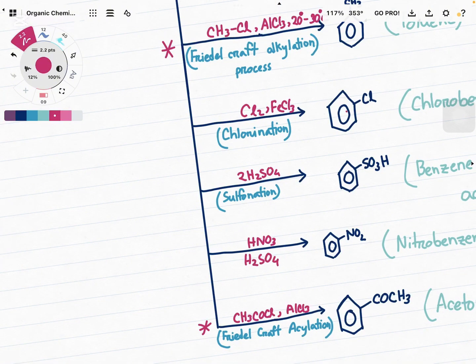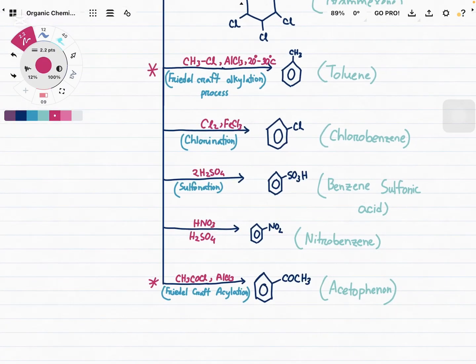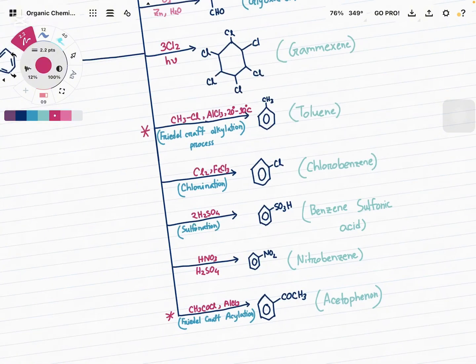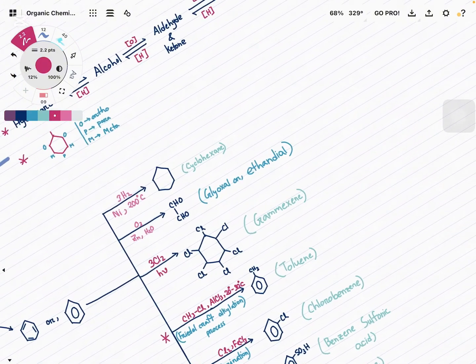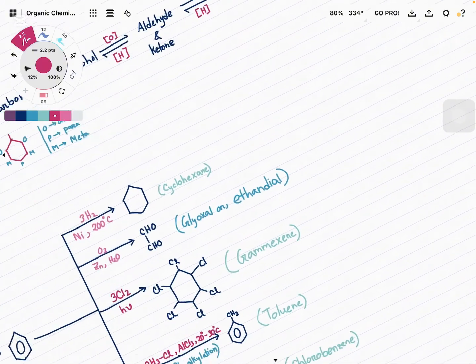One is Friedel-Crafts alkylation and one is Friedel-Crafts acylation. With Friedel-Crafts alkylation we make toluene and with Friedel-Crafts acylation we make acetophenone.